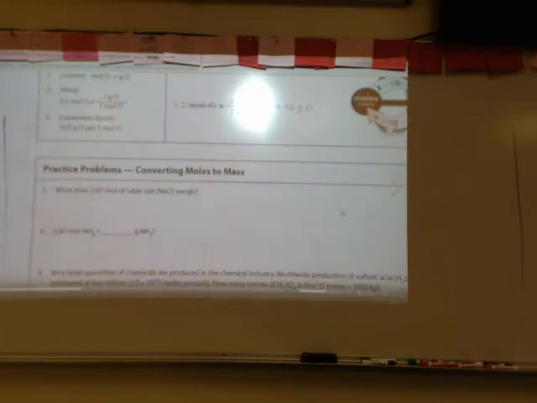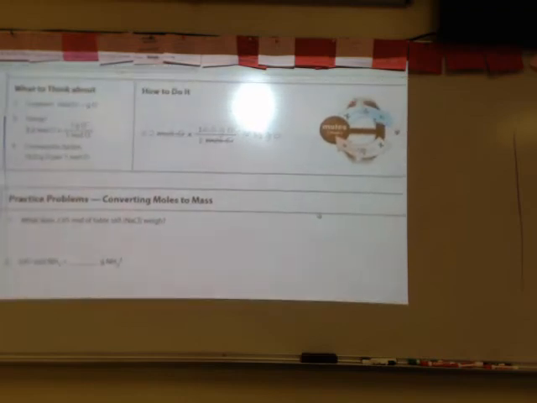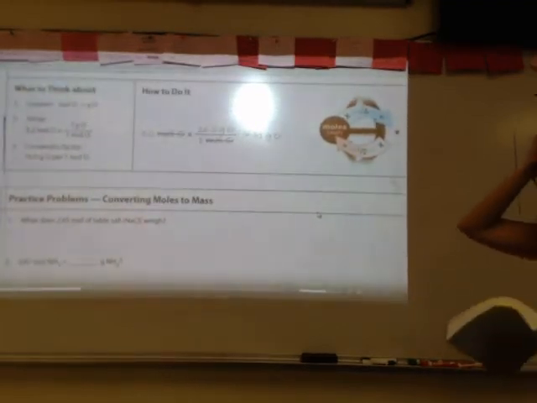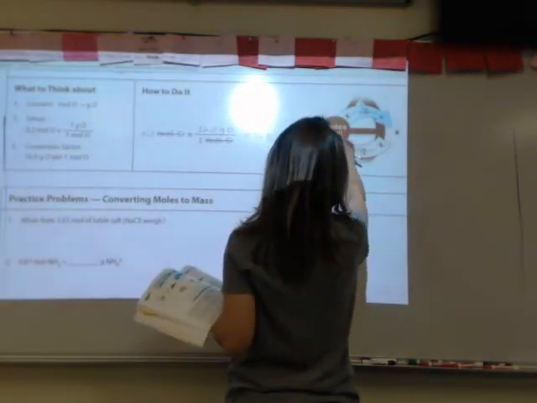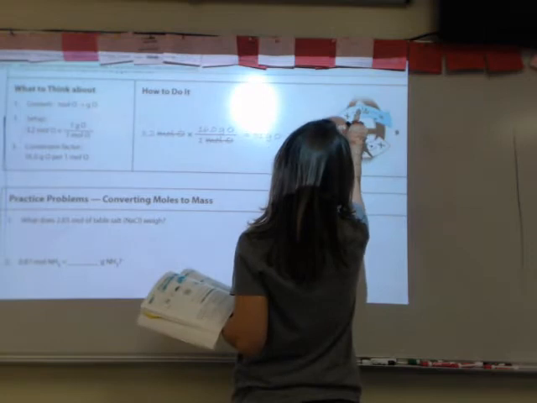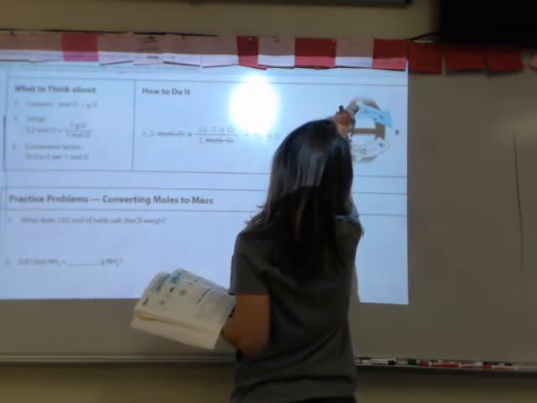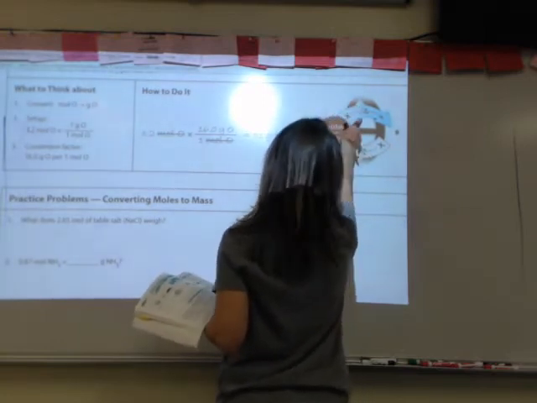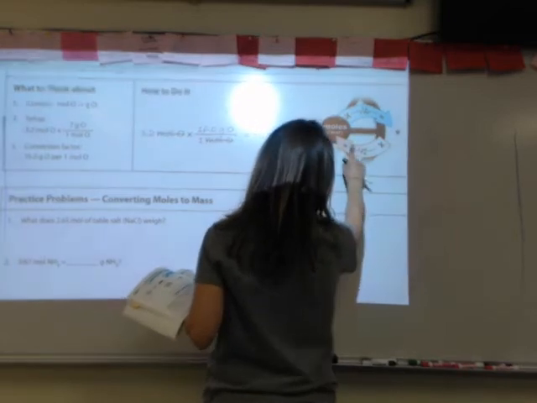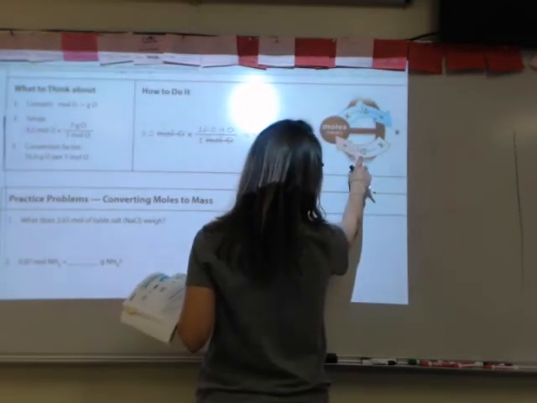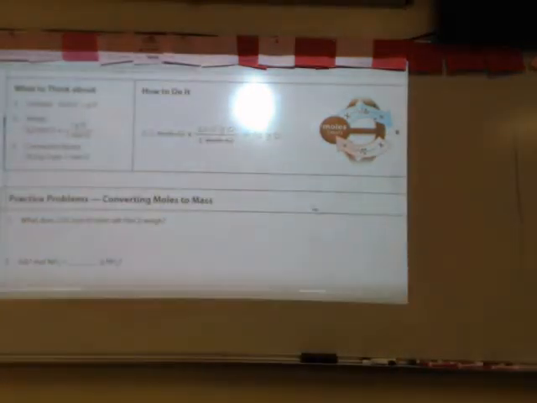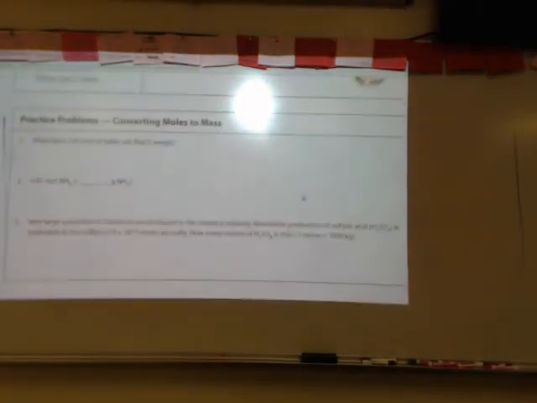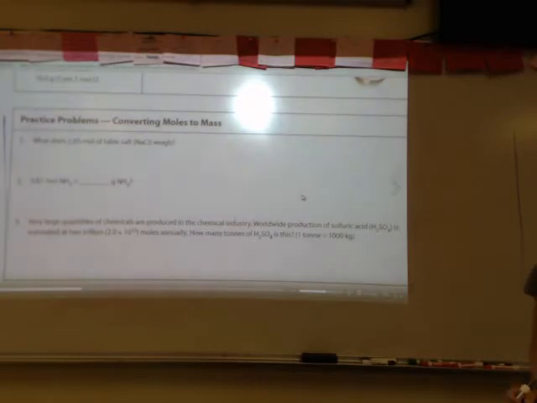Actually, before I go down here, let me point out this little convenient conversion cue. Moles to grams, you're going to multiply by the molar mass in grams on top over 1 mole. Grams to moles, you're going to multiply 1 mole over the molar mass in grams on the bottom. So we're going to use that down here in these practice problems.